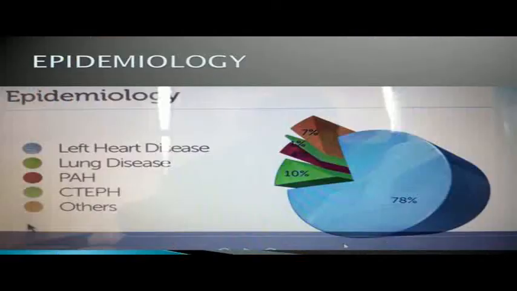So I've mentioned the lung disease, chronic thromboembolic phenomena, and also pulmonary arterial hypertension, which is mostly to do with the problems of the lungs as a contributor to pulmonary hypertension due to pulmonary vascular resistance.